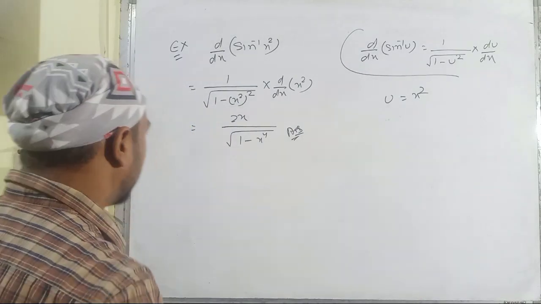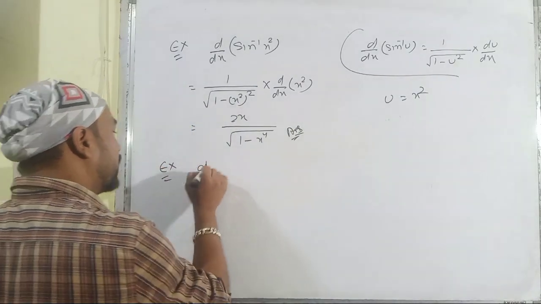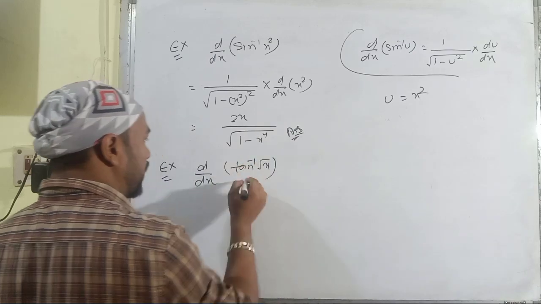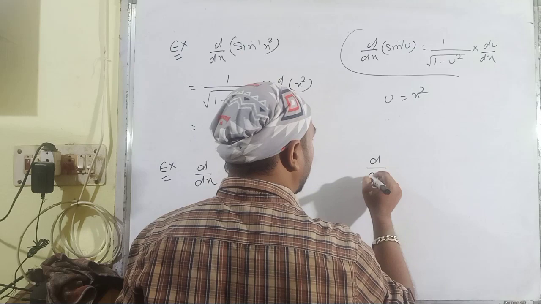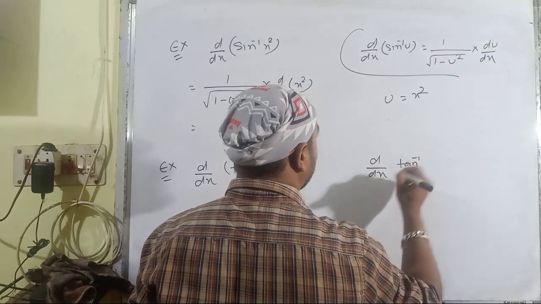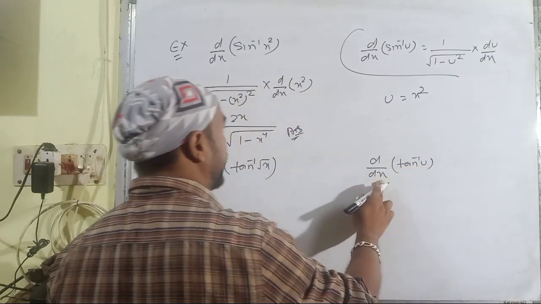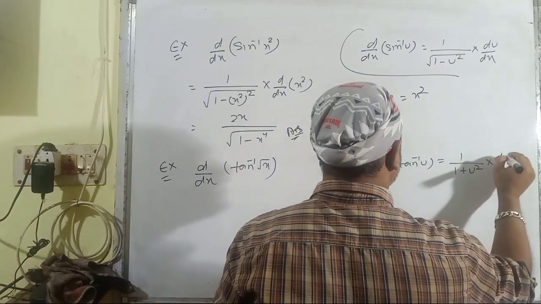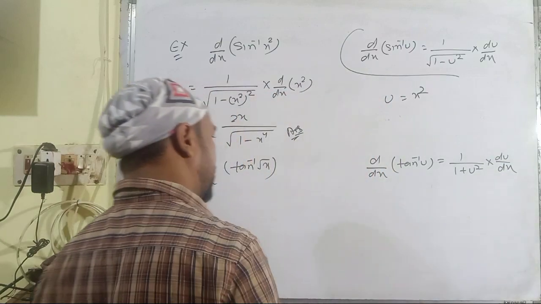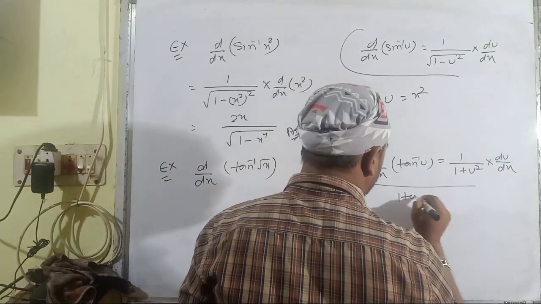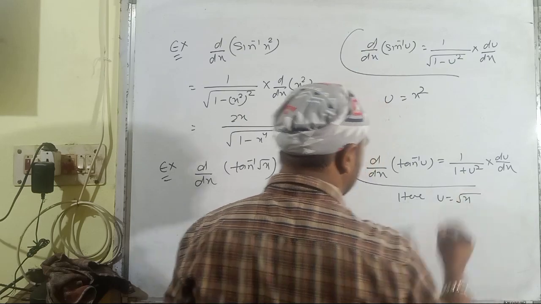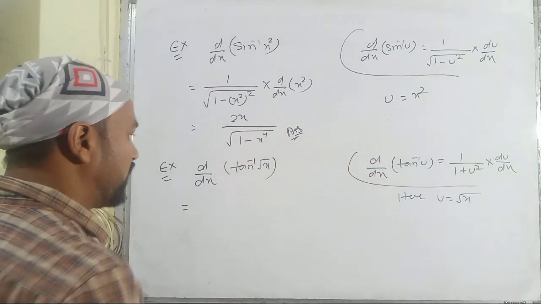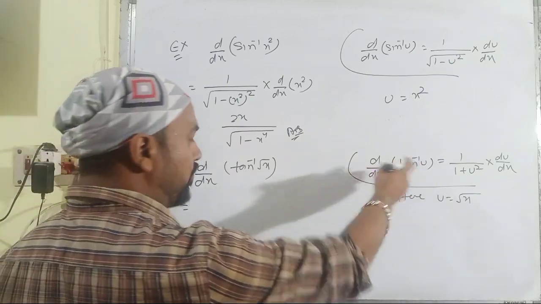Then let us have another problem here. Differentiation of tan inverse root x. Here we have to use the formula for differentiation of tan inverse u with respect to x, which is 1 upon 1 plus u square multiplied with the differentiation of u with respect to x, and here u is equal to root x. This is the formula of the chain rule.